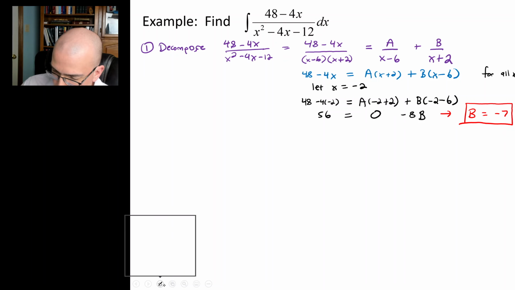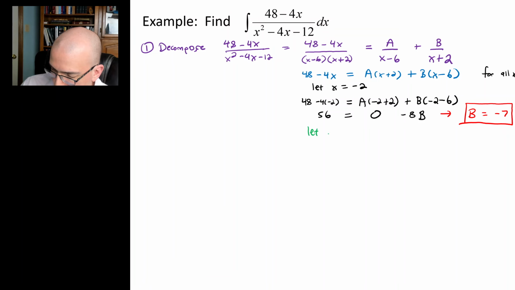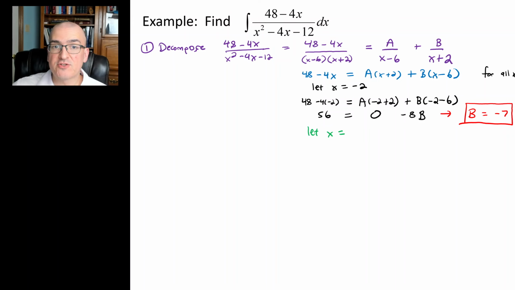Now how do I find the second value? How do I find a? Well, I want the second term, the right hand side, to disappear, b times x minus 6. To make that term disappear, I'm going to let x equal 6.